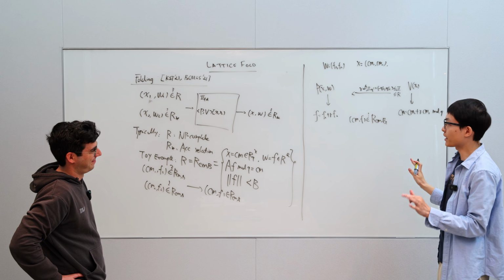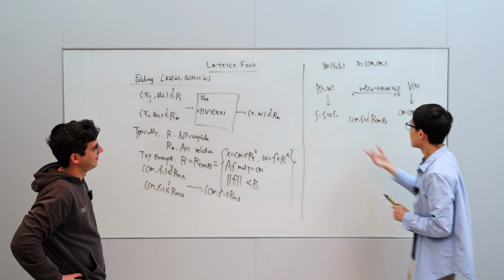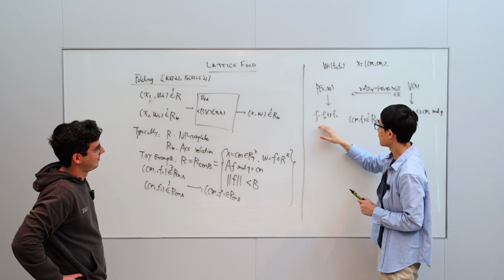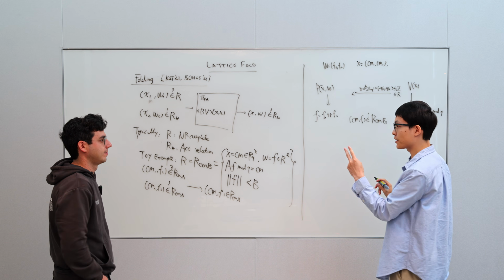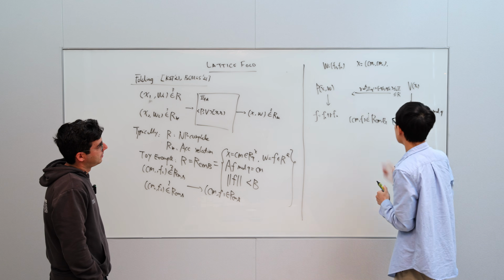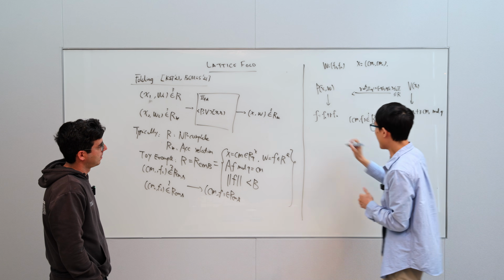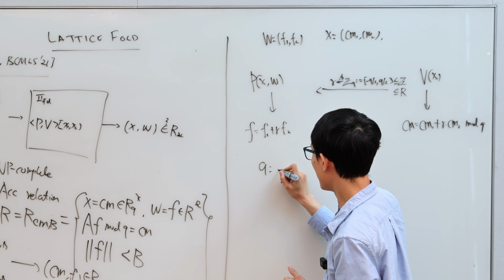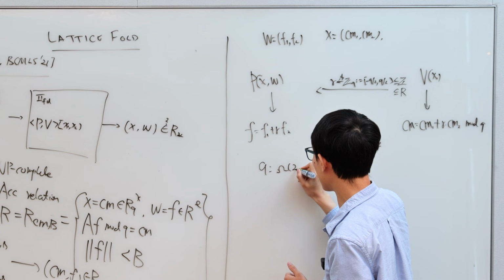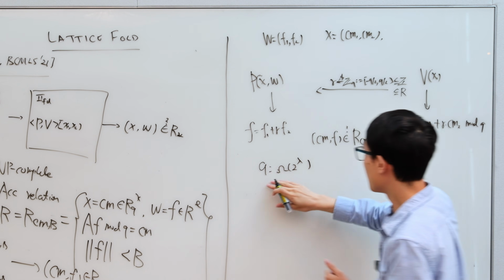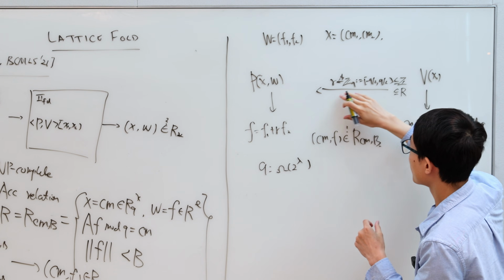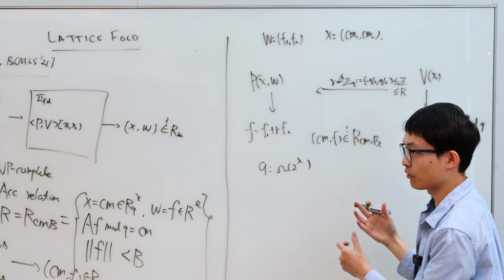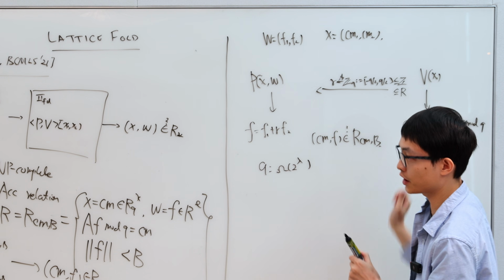However, it doesn't work. The key reason is that after this folding, F will have a higher norm. There are two points here. First, in practice q has to be large. For example, if you want lambda-bit security, it should be a really large number so that this interval is large enough and the soundness error is small, making it very hard for the prover to cheat.